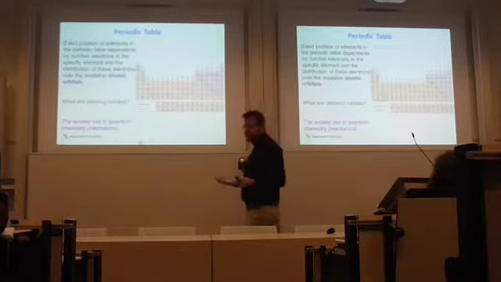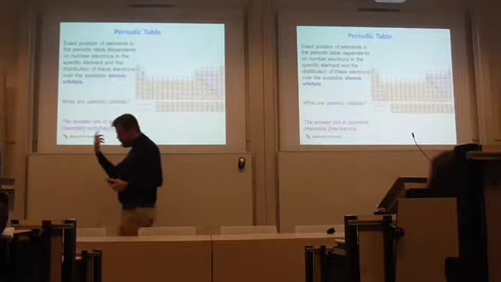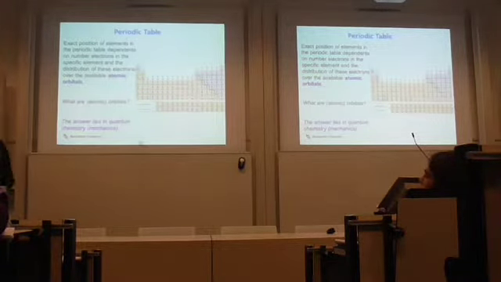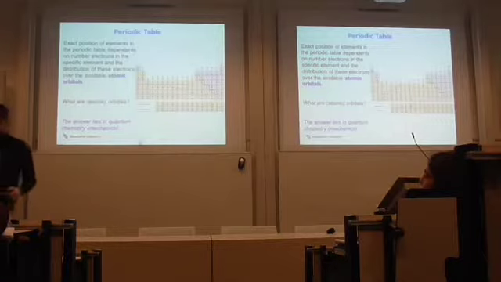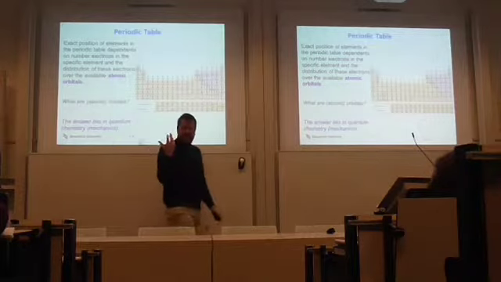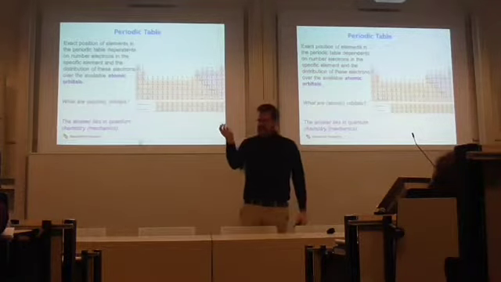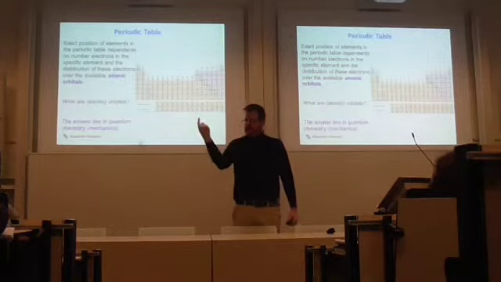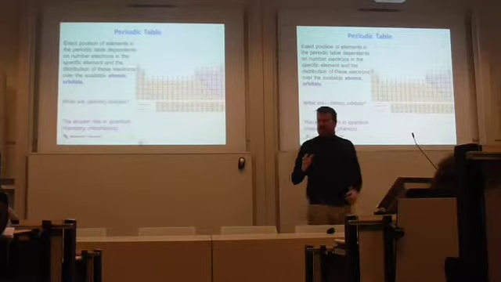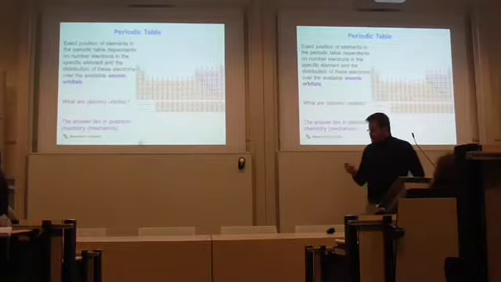Now, the word orbital is a little bit misleading, because an orbital makes it sound like an orbit, like a planet around a star. For many years, scientists thought that this was the structure of the atom, that you have a nucleus and electrons whizzing around the nucleus like planets around the sun. It turns out, incorrect, right? But the name stuck.